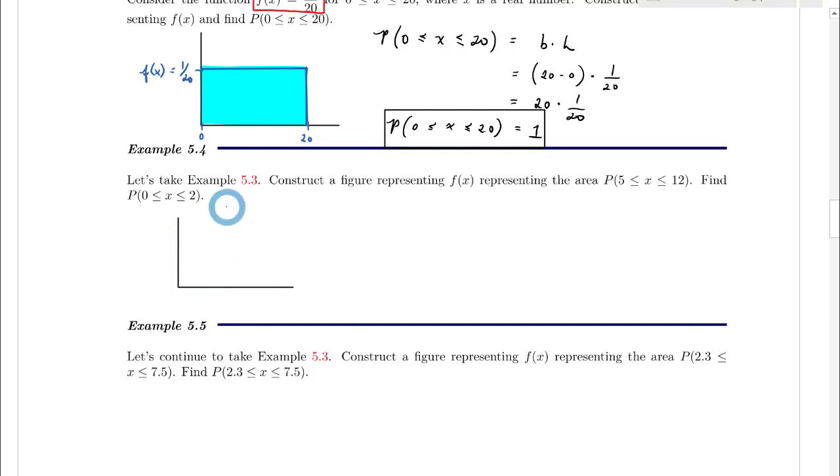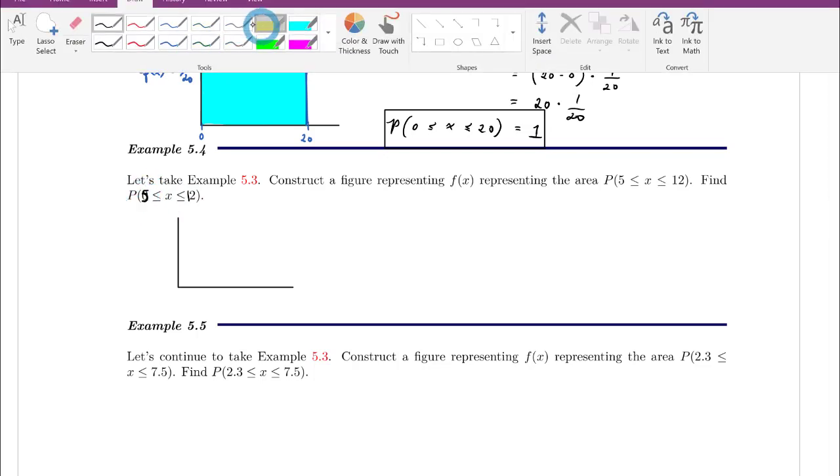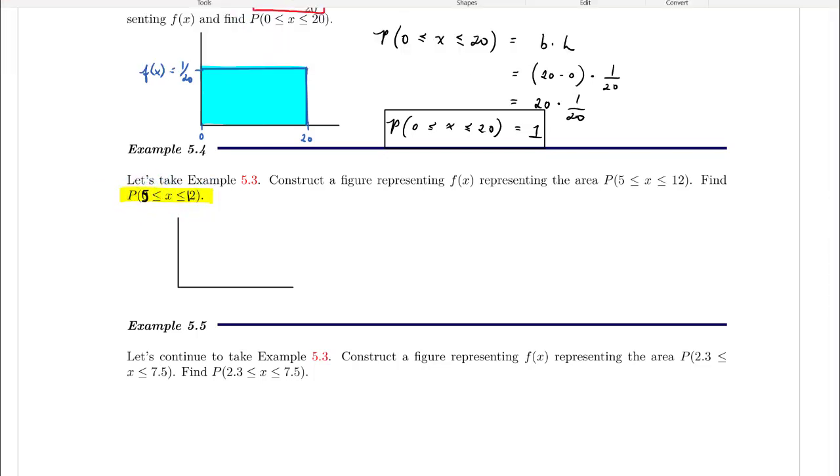I would construct a figure representing f of x, representing the area, and find the probability from, and this should be 5 to 12. Make sure you note that. I will also note that.